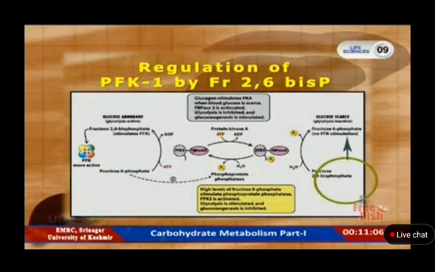So in the absence of fructose 2,6-bisphosphate, glycolysis is inhibited and gluconeogenesis starts in a cell. Now what happens when blood glucose level is excess, that is when insulin is secreted, it activates another protein kinase called phosphoprotein phosphatase.